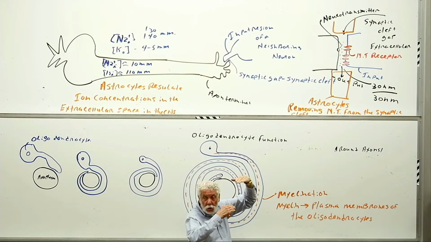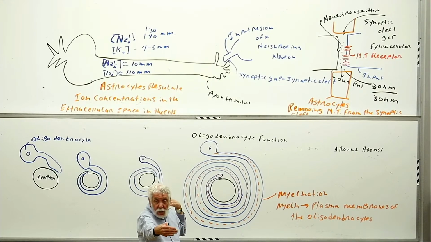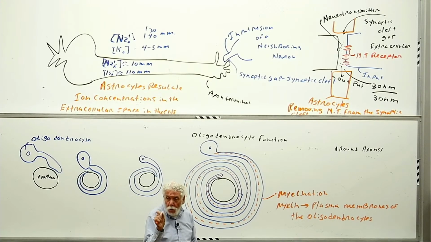And then I'm going to ask the question, what does this myelination look like on the longitudinal axis of the axon? The long and the short of that is, we're going to run these for about 1 millimeter or so. Then we're going to have a break. And then we're going to run them for 1 millimeter or 2, 1.5 millimeters, and then we'll have a break. And those breaks are going to be called nodes of Ranvier. And that's where we're headed now.